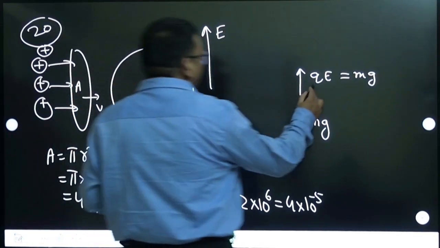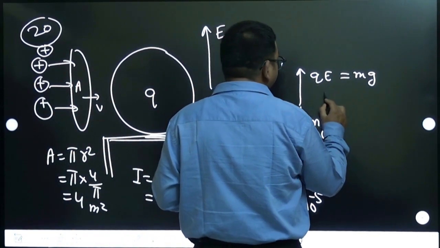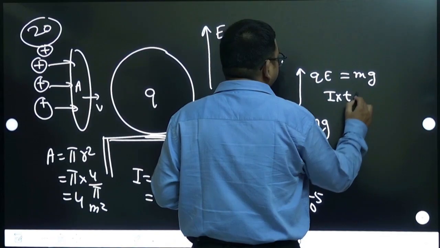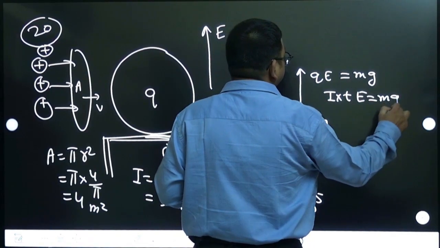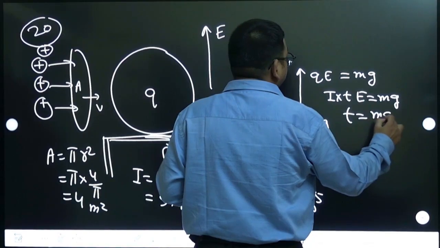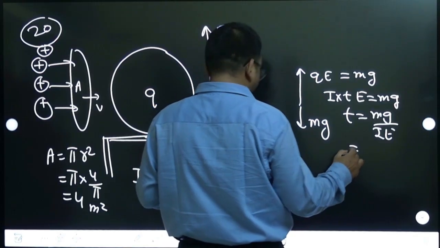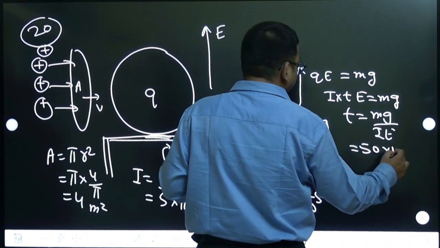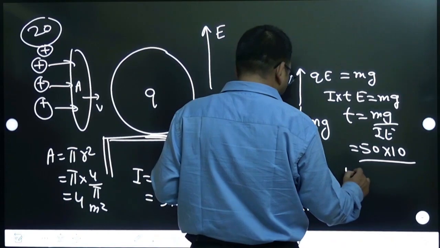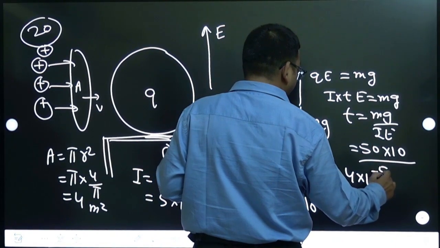Now this charge can be written as current into time. Current into time into E is equal to mg. So time will be mg by IE. Now substitute, mass is 50 kg, g let us take as 10. Current already we calculated, 4 into 10 power minus 5.